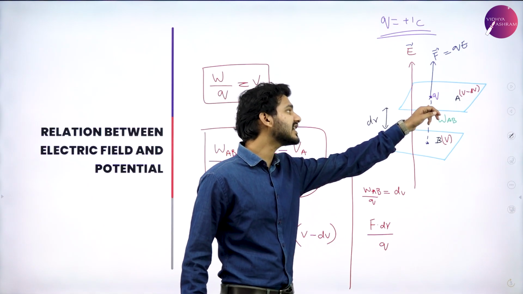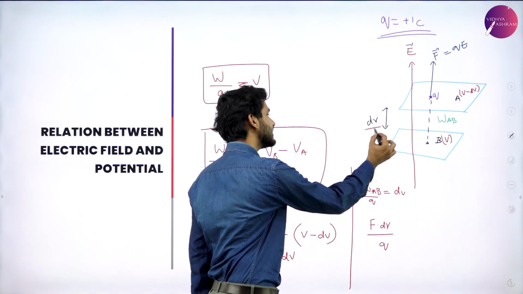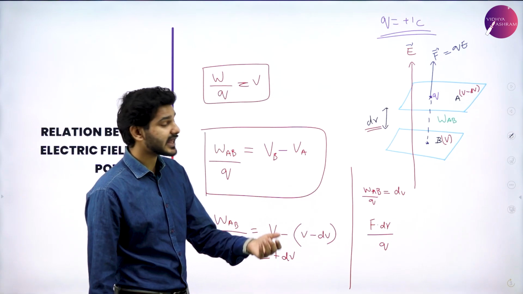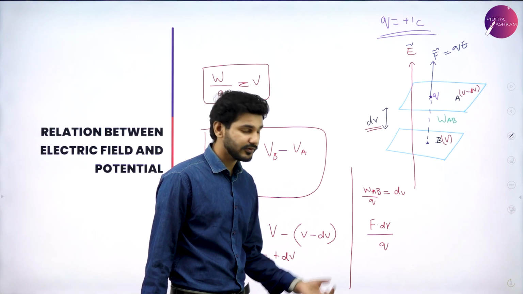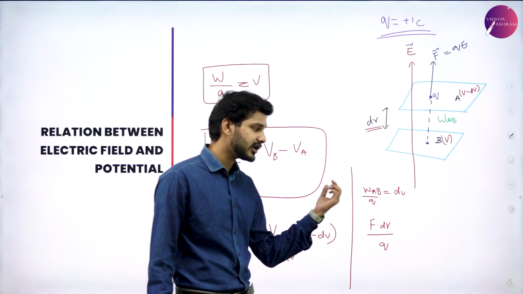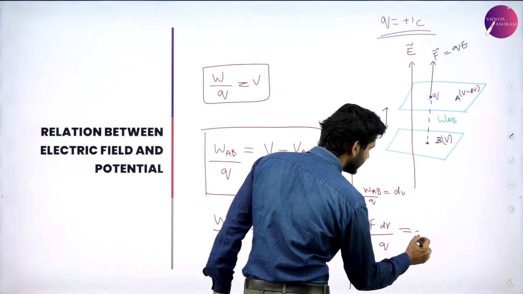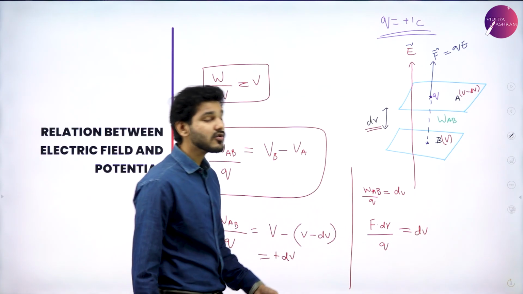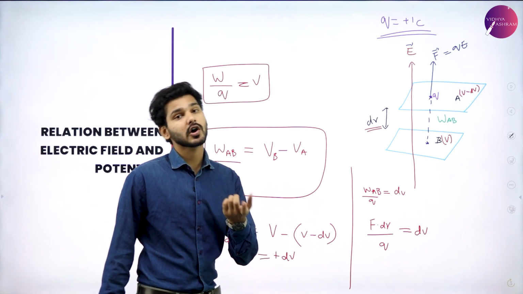Because it is traveling a distance of small dr. This is the distance it is traveling, so we can say that the distance traveled is just dr. So F dot dr, the force experienced dot dr divided by Q, that is the work given, will be equal to dV. Now we can also say that F dot dr is F dr cos theta.